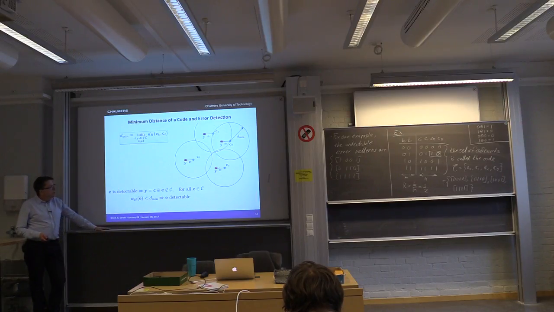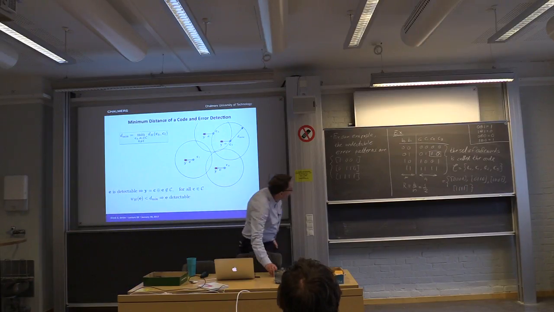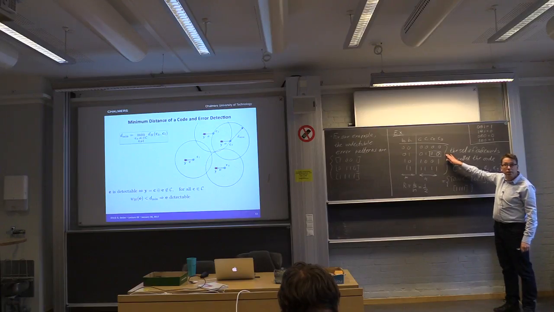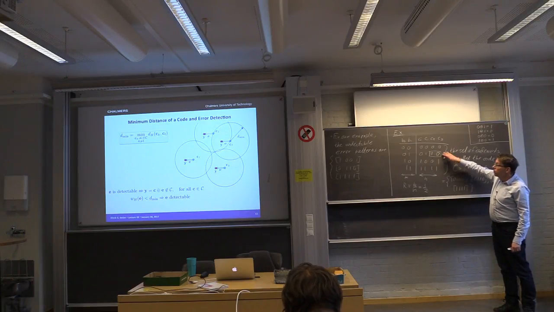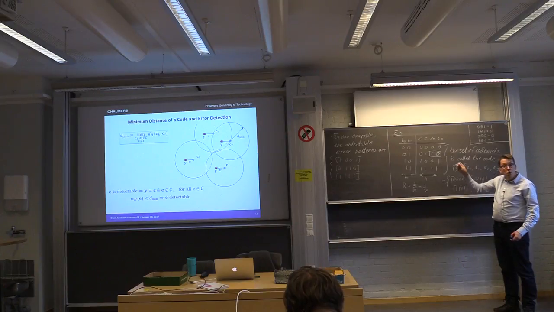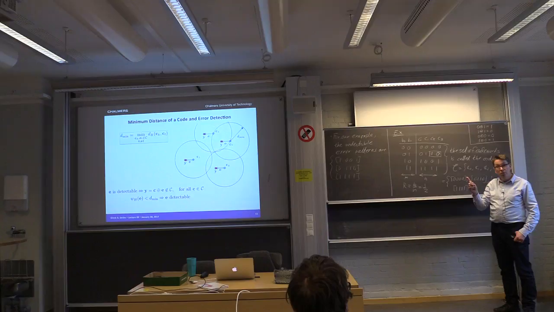So, what is the minimum distance for this code? 2. You see that, right? So whenever I go from one code word to another, I need to flip at least 2 positions. Okay? So the minimum distance for this one is 2. So we know for sure that all 1-bit error patterns are detectable, right?